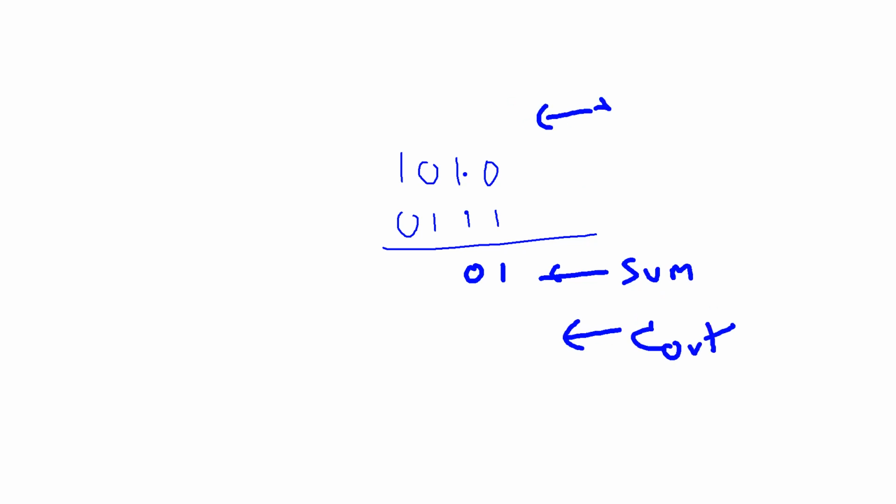And this is the carry out. This one is the carry in. Carry out is 0. This carry out becomes the carry in for the next digit. 1 add 1 add carry in of 0, then it becomes 0 and carry out is 1. This carry out becomes the carry in for the next digit. So when you add together, you add these together and add the carry.